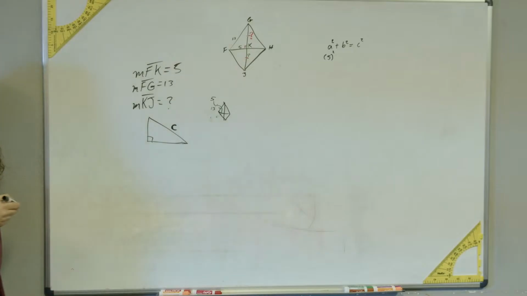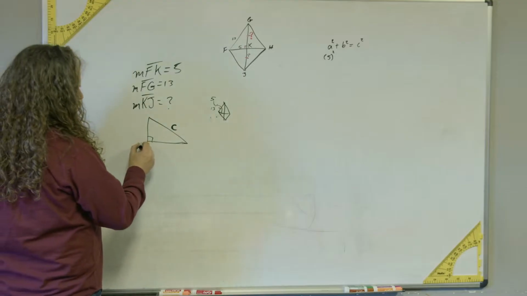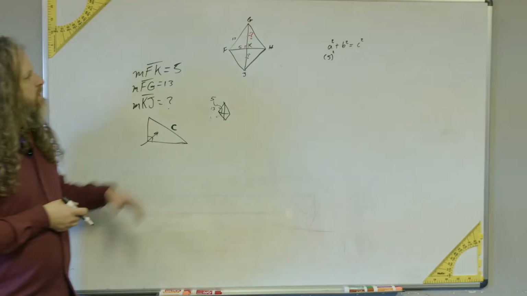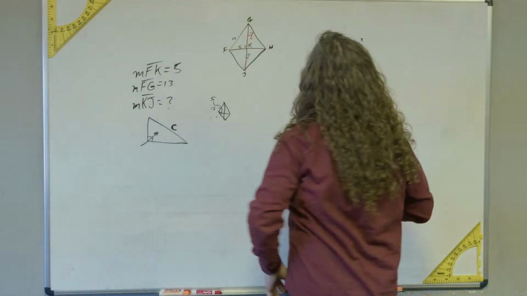What's unique about that one? It's the longest side. It's called the hypotenuse. Sometimes it's hard to tell which is the longest side, so it's also the one across from the 90. So that's this 13 one.